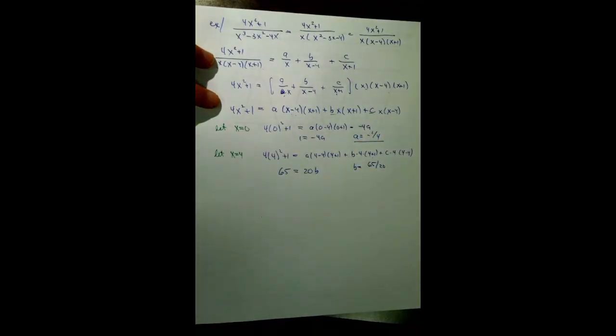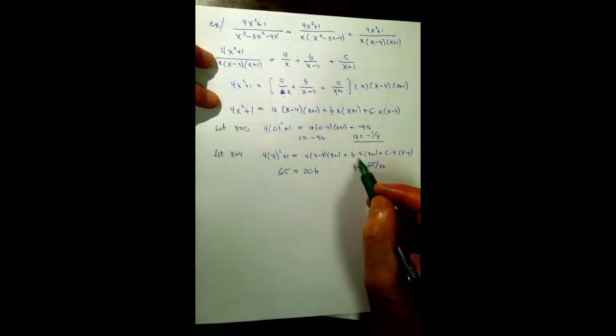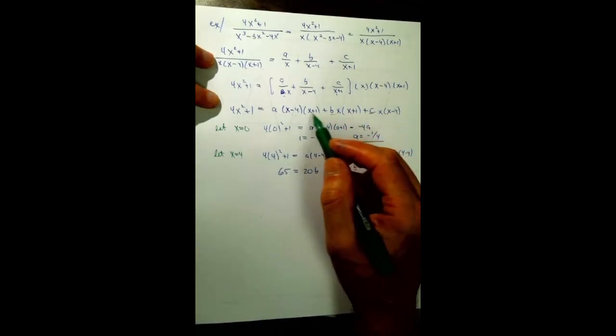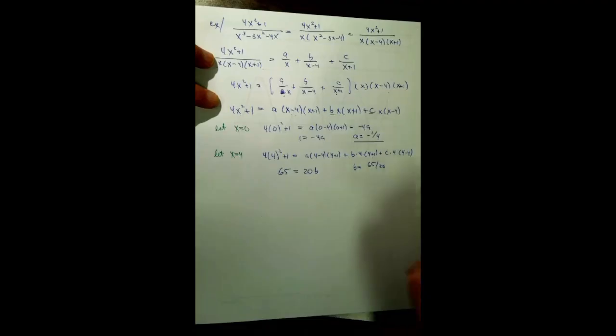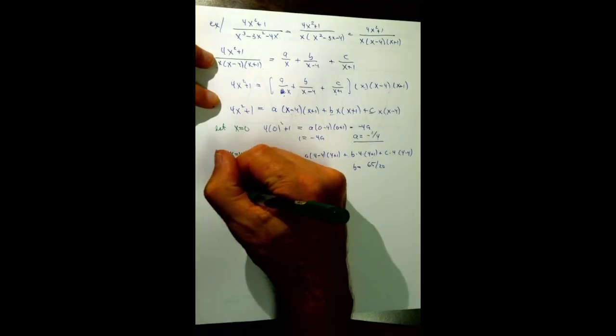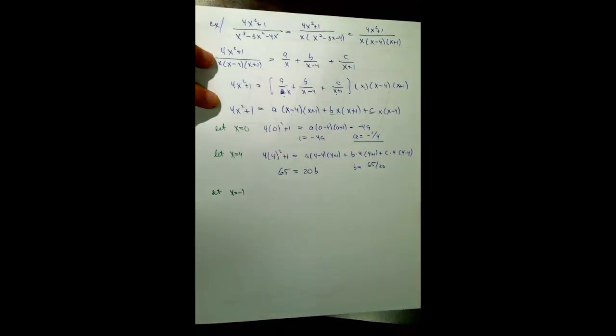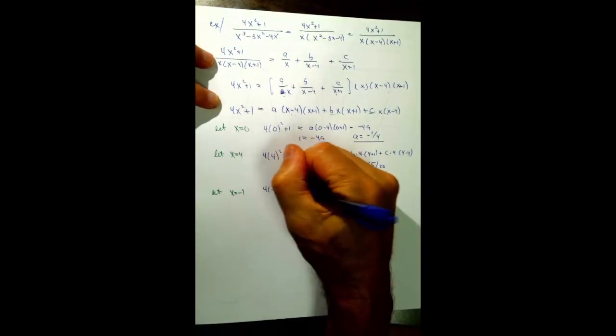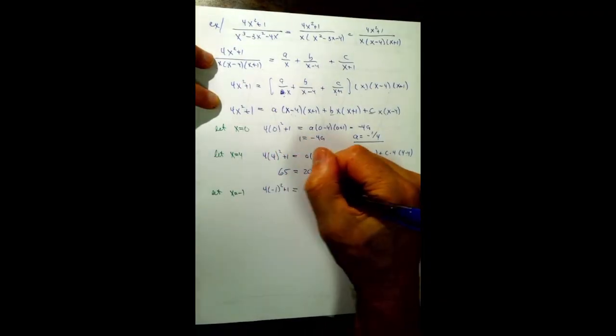Okay, and now I've got a, I've got b, so let's let x equal minus 1. That'll leave c. If I do that, I get 4 times minus 1 squared plus 1.